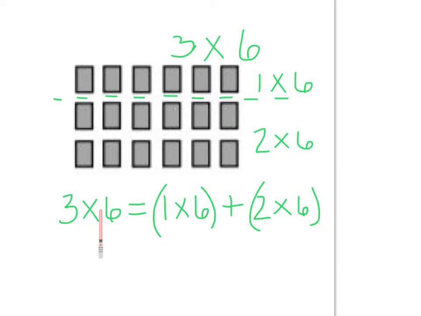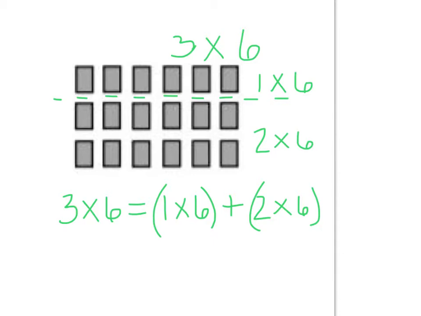So my whole first problem, 3 times 6, now equals my two smaller multiplication problems. You always add them up together because you're looking for the entire total array. So that's why I put the addition problem there.